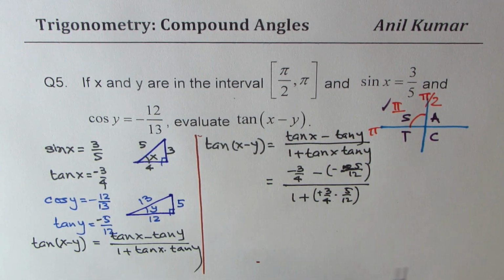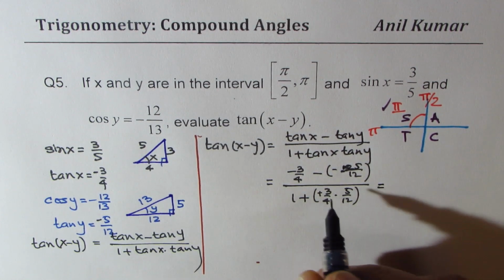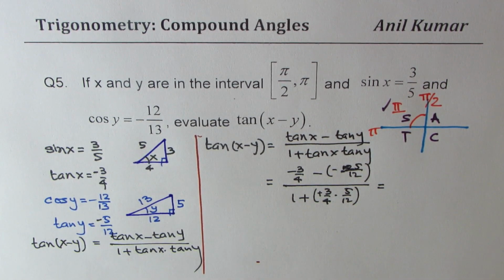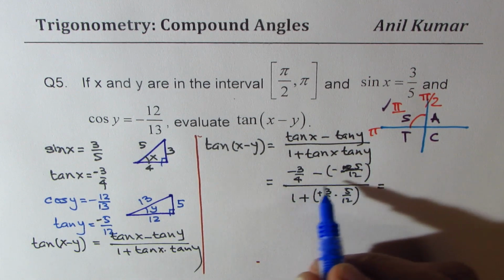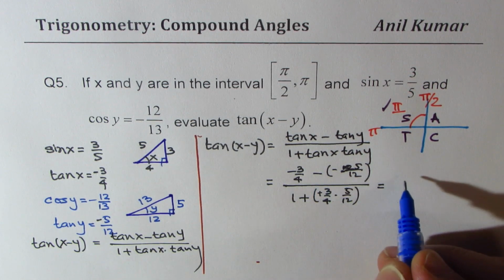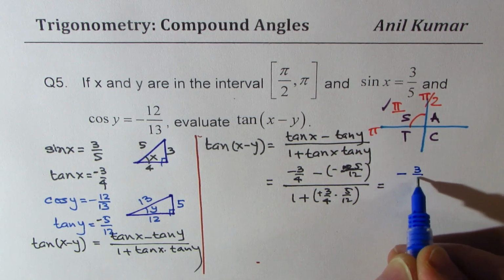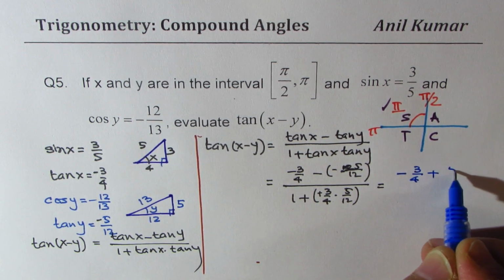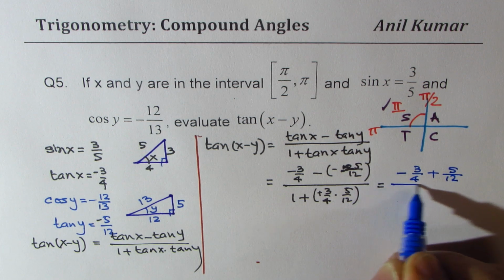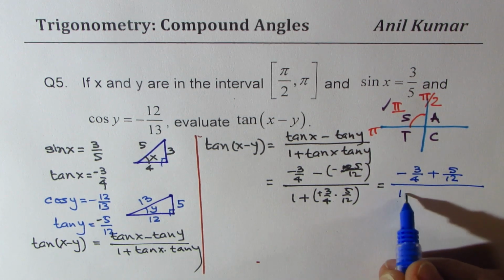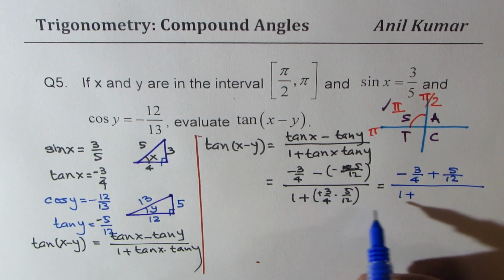So both are negative, which makes it positive. Okay, great. So now we could take a common denominator of 12 in the numerator. Now this becomes positive. Let me rewrite. So we have minus 3 over 4 plus 5 over 12, and the denominator here is 1 plus, let's multiply.